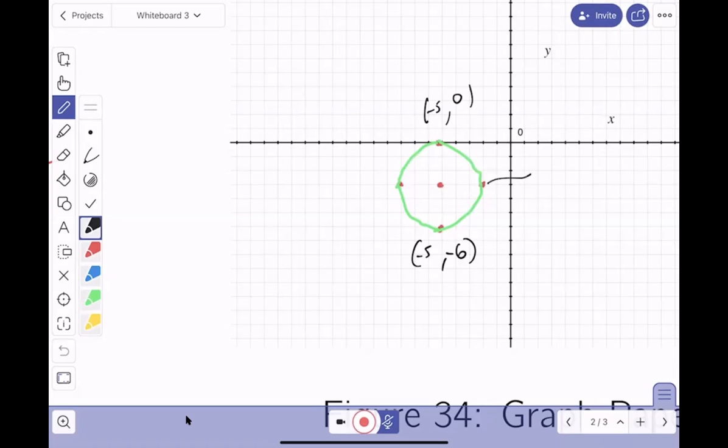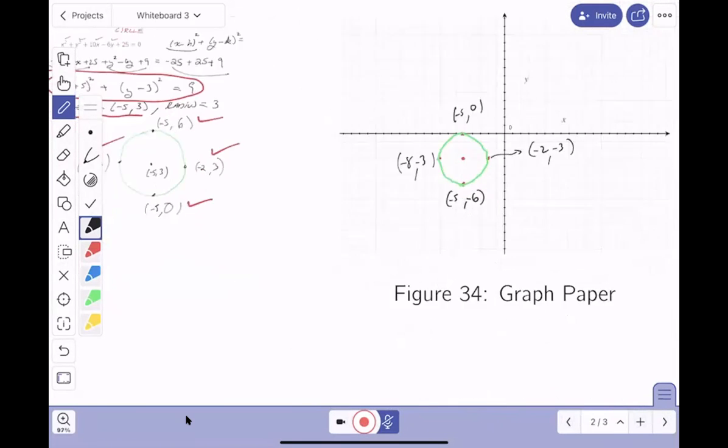Let's do this point here. Again, look at my picture. Looks like -2. And then let me count down. 1, 2, 3, -3. This point over here. Let's see. 1, 2, 3, 4, 5, 6, 7, 8. That's 8 to the left. And then 3 down. And someone says, we're getting the same points.